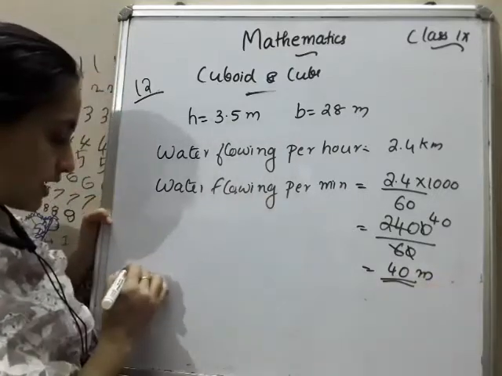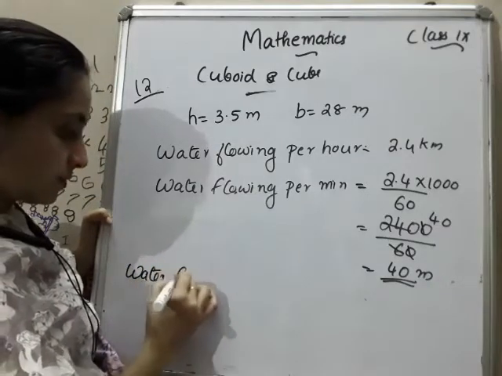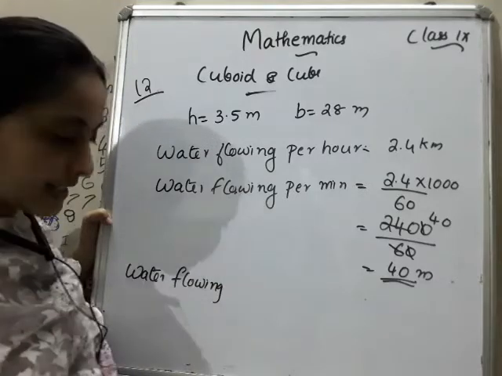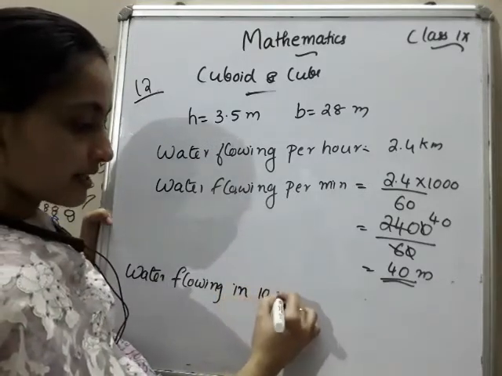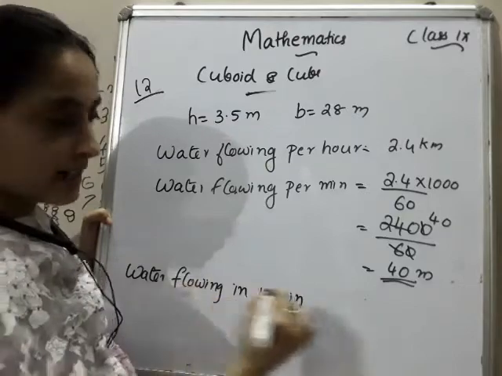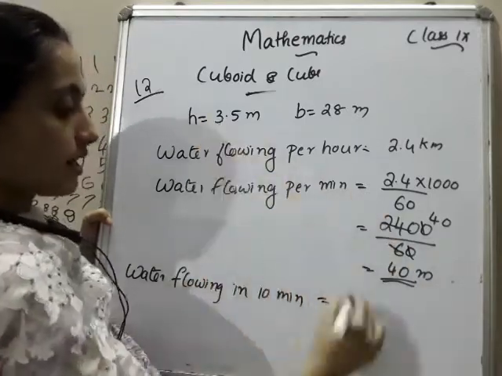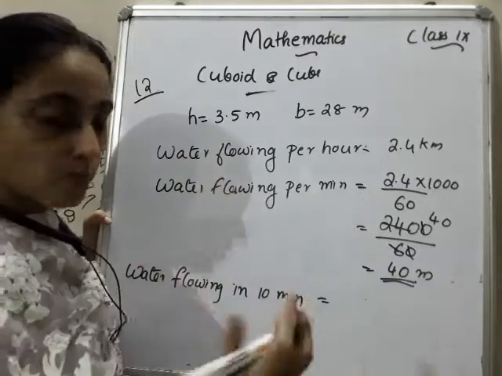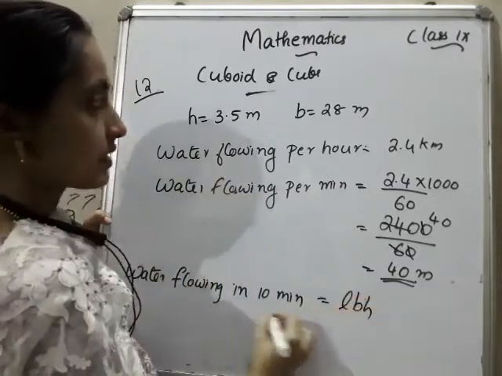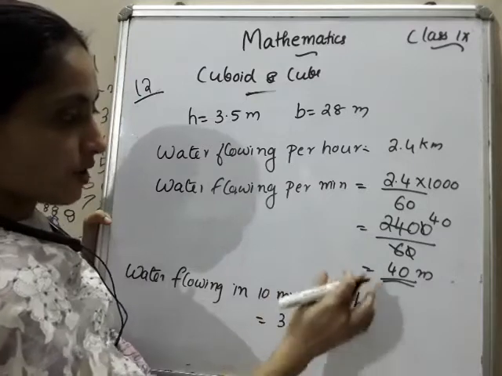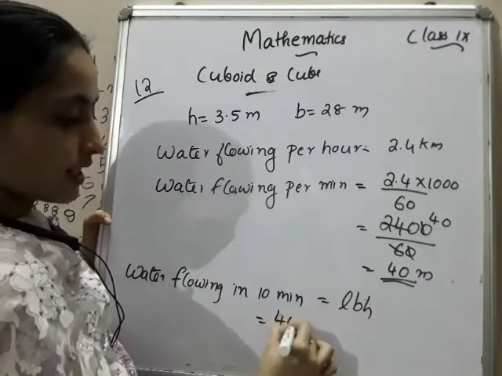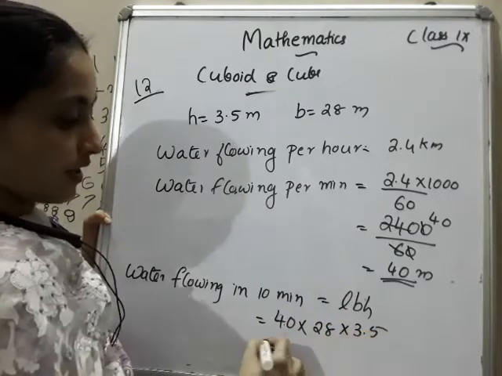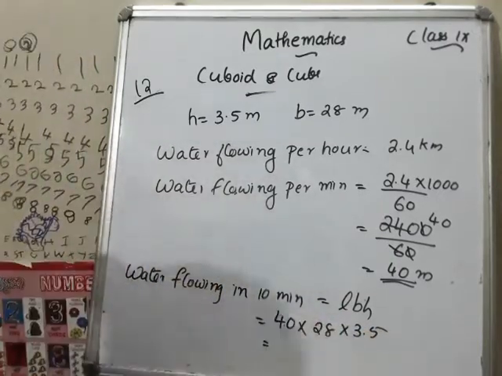But in our question, water flowing in 10 minutes, how many liters of water is it? So this represents volume. Volume of this cuboid, that is LBH. L is what you got as 40. So 40 into B is 28 into height is 3.5. So please multiply and find out the answer.